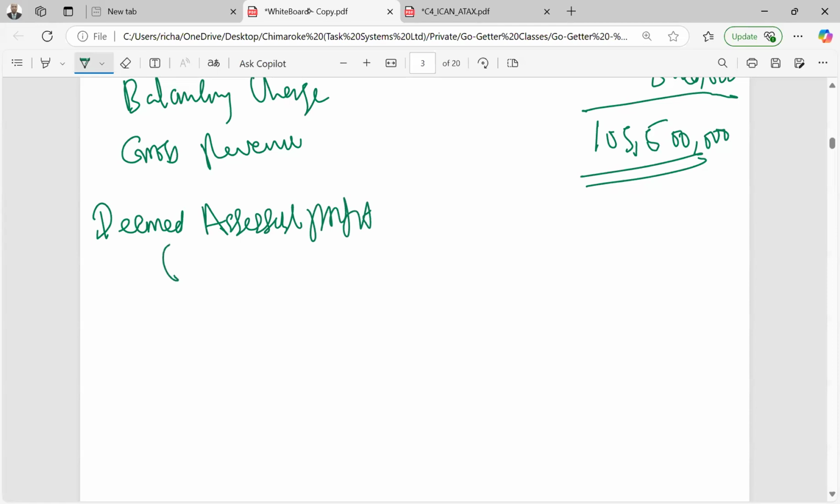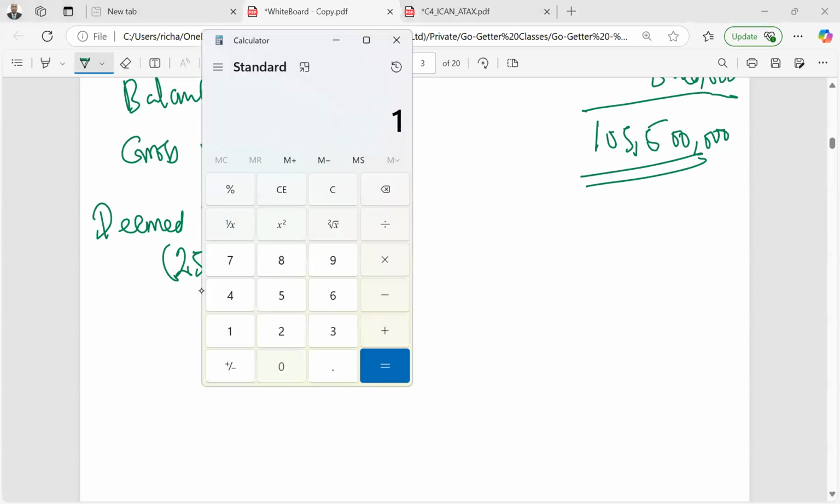We will now look at 25% of gross revenue. So we say 105,500,000 multiplied by 25 divided by 100.